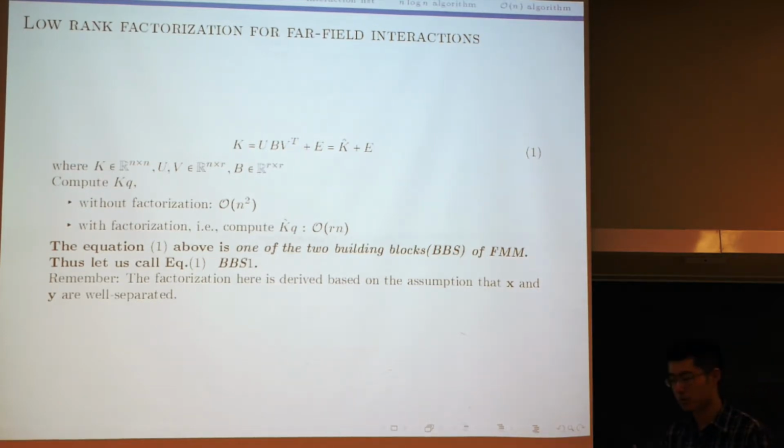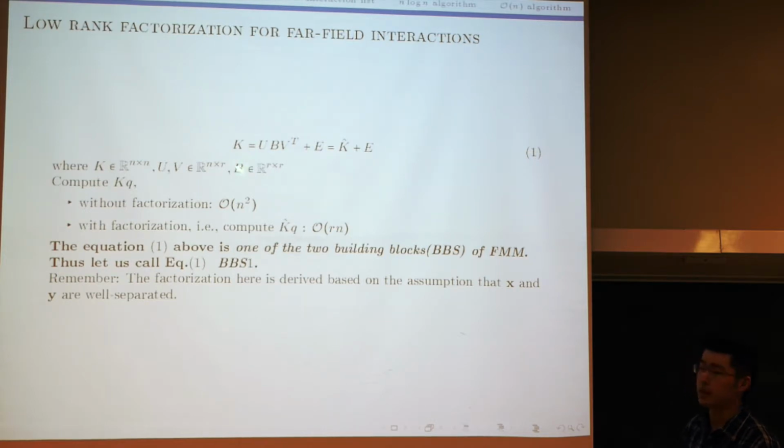We see that if two sets of points are well separated in the sense given before, then we can factorize K into U times B times V transpose with an error term.